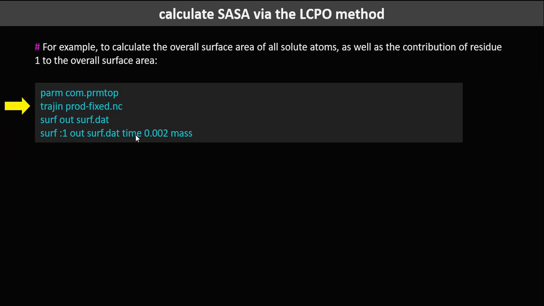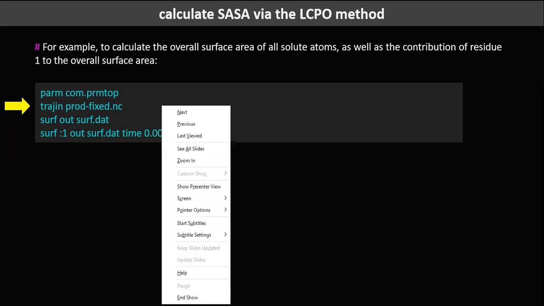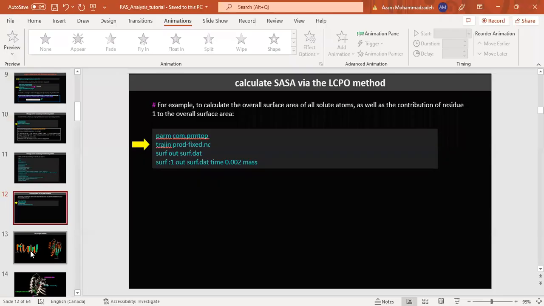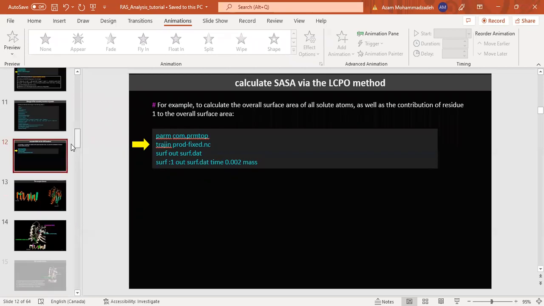It just calculates the surface area. I believe that Schrodinger and Maestro could also calculate the surface area, but if you want to calculate the surface area using Amber, you could use that command too. This is a simple overview about analysis.